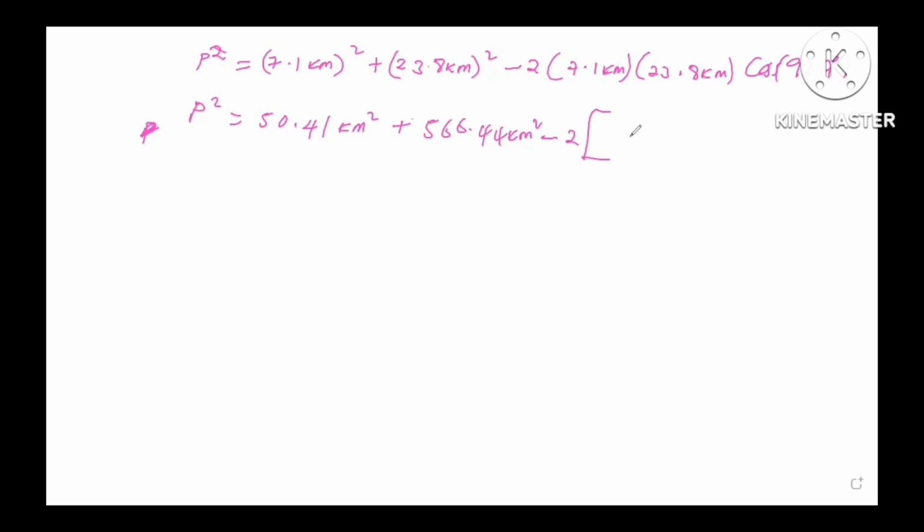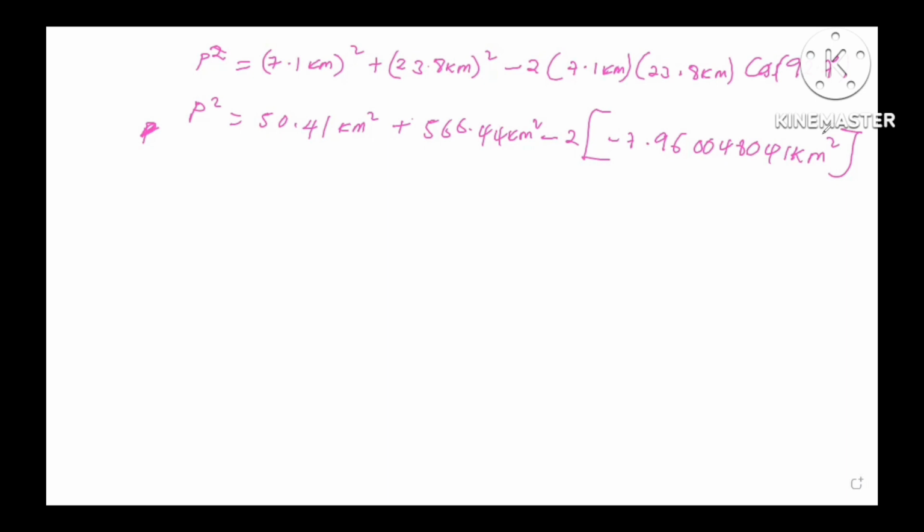Negative 7.96004804. Okay, so it is negative 7.96004804 kilometers squared again there, because we cannot forget about the kilometers.